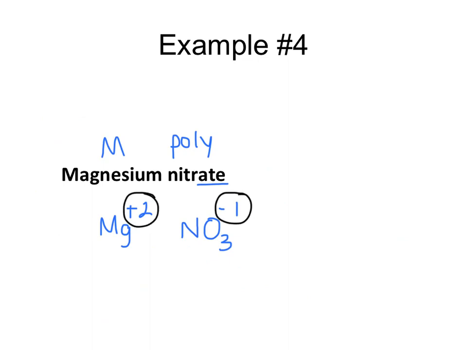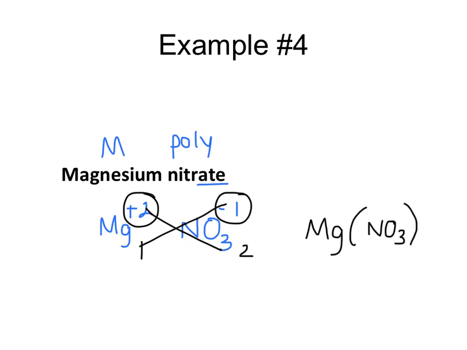They're not the same magnitude. And so I'm going to do that crisscross. And this time I'm going to put parentheses around the NO3 because there is a subscript that is needed there. Remember that 1 times +2 is a +2, and 2 of these nitrates at -1 gives me a -2, which then gives me that 0.